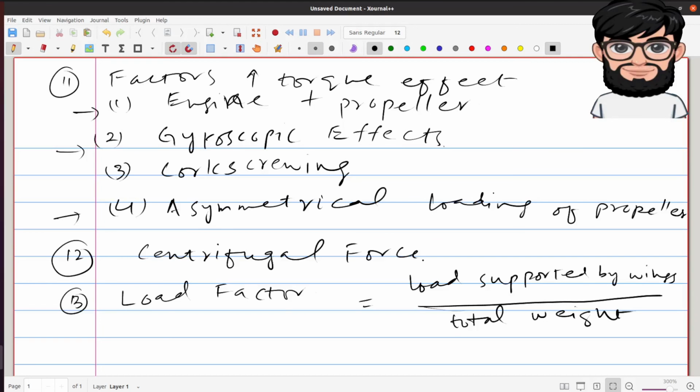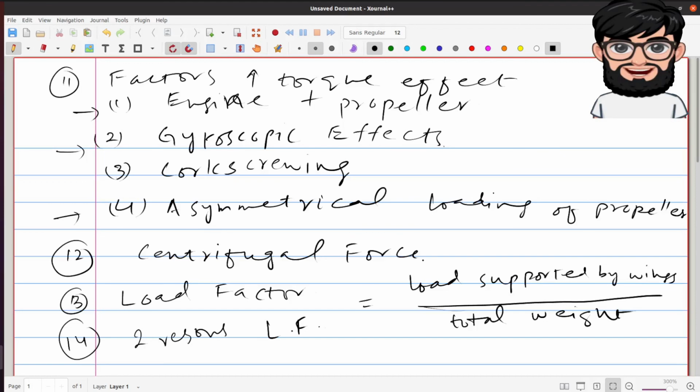Okay. And the last thing we wanted to cover is what are the two main reasons that this load factor is important to pilots. One is that it is possible for a pilot to dangerously overload the aircraft structure, so we definitely want to avoid that.